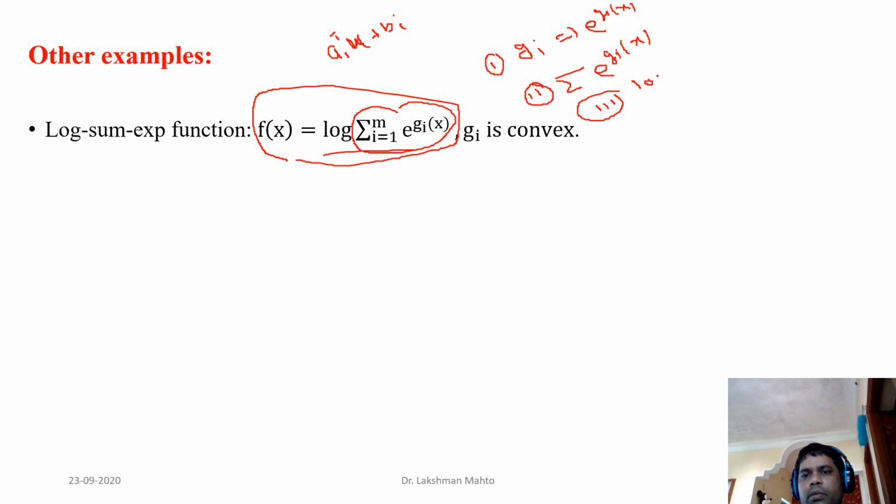And in the third step, you will express this function with h as log sum exponential, a very famous kind of function, of g. Due to that, you can claim that this is a convex function.